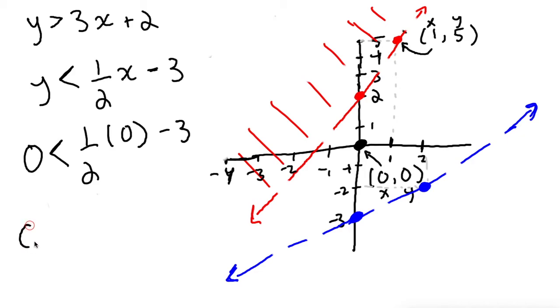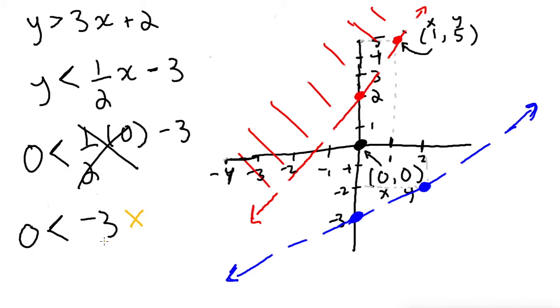So we'll have 0 is less than 1/2 times 0 is 0. So all of this goes away. That's why I like using this point. So now we'll have that minus 3. Is that statement true? Is 0 less than negative 3? The answer to that would be no. That's not true. 0 is more than negative 3.